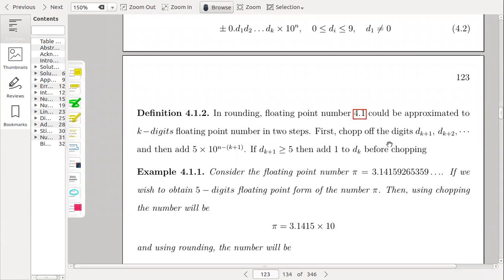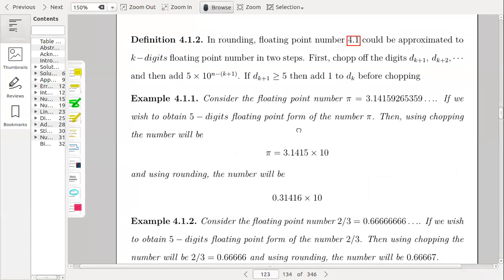First, chop off the digits after k digits. It means you need to chop off digits dk plus 1, dk plus 2, and so on. And then you have to add the quantity 5 into 10 power n minus k plus 1. So if dk plus 1 is greater than or equal to 5, then add 1 to dk before chopping.